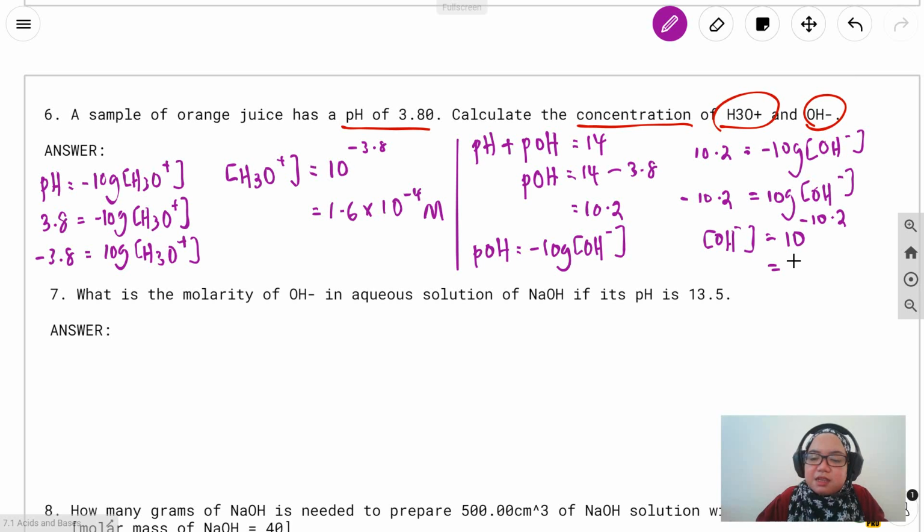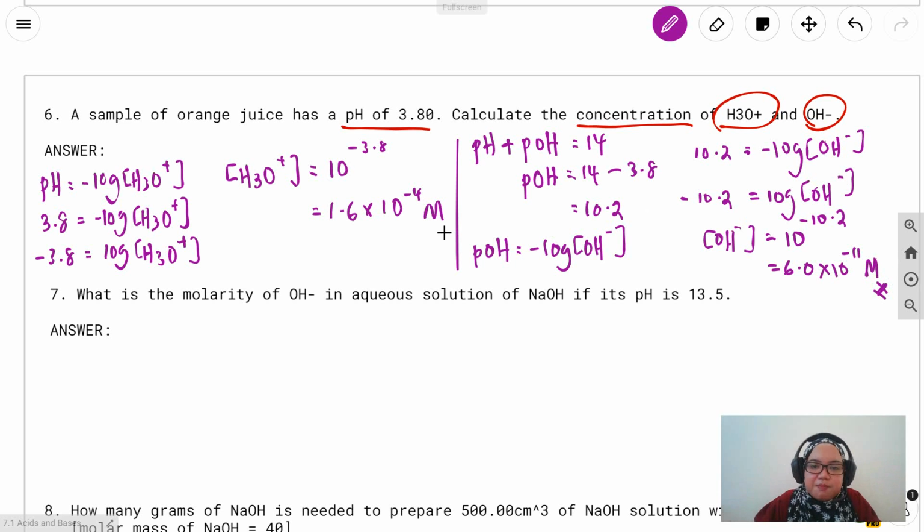So we will get the concentration of OH minus is 6.0 times 10 to the power of negative 11 molar.